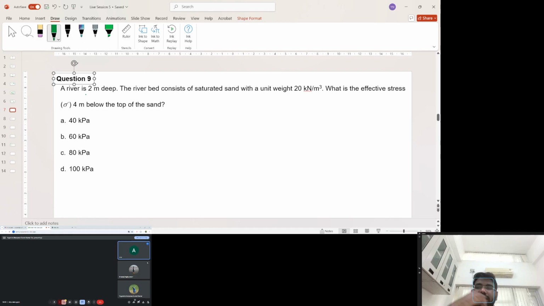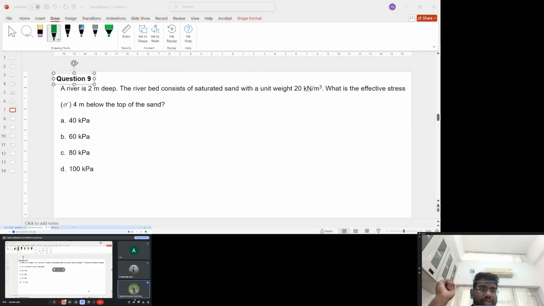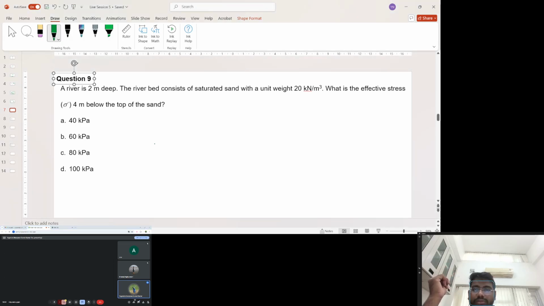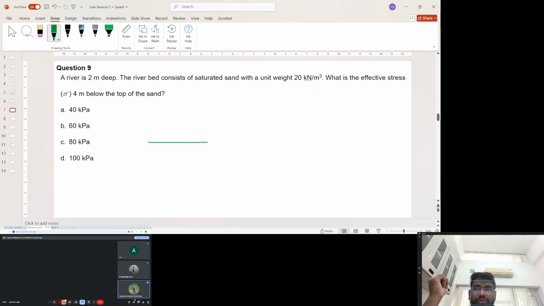The river is 2 meter deep. First, since some undergraduates are there, the first aspect is to draw a figure of it. You draw first the ground level, that is the river bed, and the water level.